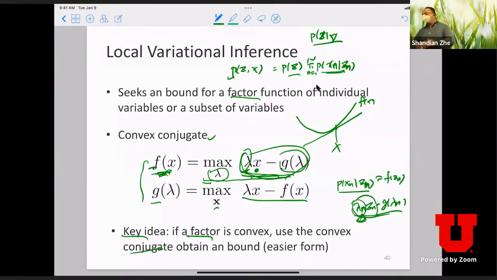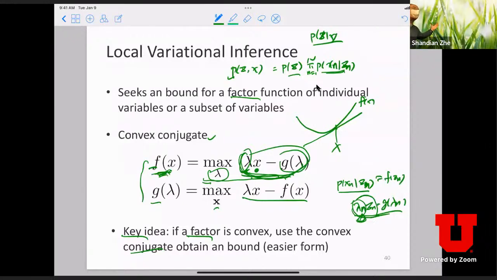So it won't guarantee that your lower bound, the right-hand side, will reach exactly the original factor value. That means there is always some gap between this lower bound and the original joint distribution.